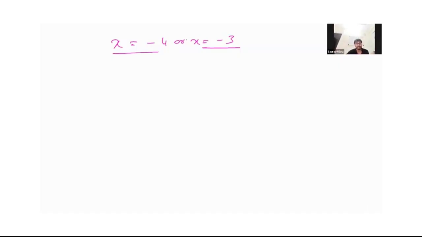First we have the sum of zeros. What is the sum of zeros? These are the zeros, and their sum is minus 7.